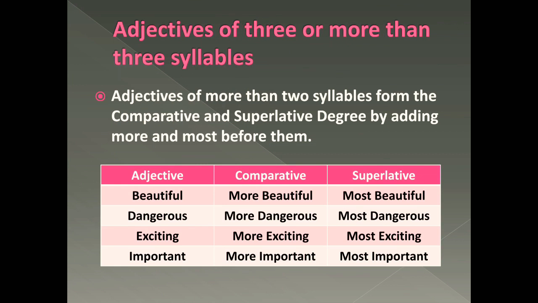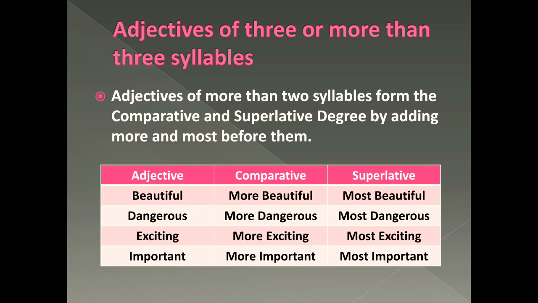Adjectives of three or more than three syllables. Adjectives of more than two syllables form the comparative and superlative degree by adding more and most before them. For example, beautiful. So, beautiful has three syllables. So, we have to use more and most in comparative and superlative degree.